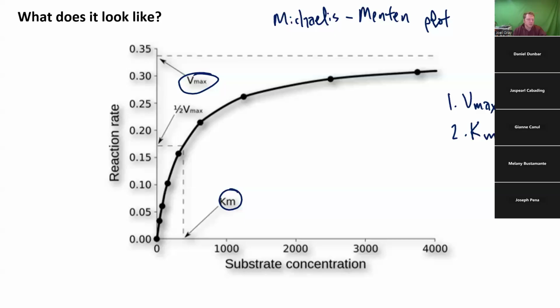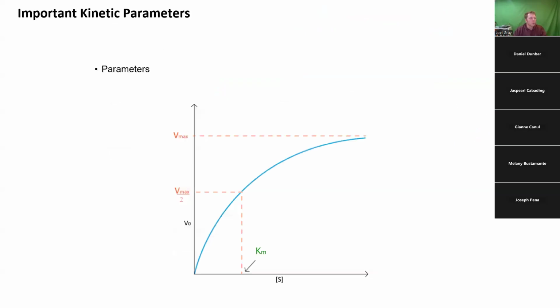because our Km tells us, well, how tightly does our enzyme bind to its substrate? Does it bind to it very easily, or does it take a lot to bind to it? Now, with that in mind, we always want to look at this and be able to make a projection or a prediction as to what they are.